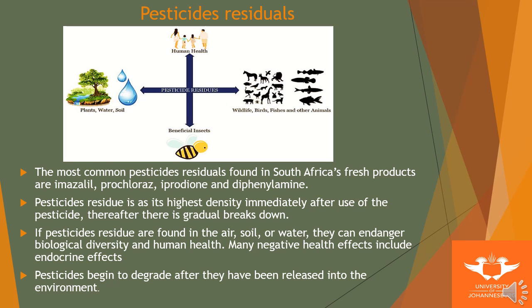Pesticides residual. This refers to the contents of the pesticides that are either found on the ground, in the air, and/or on fresh produce. In the South African context, a study that was carried over a period of 5 years, between 2009 and 2014, concluded that there are 4 common pesticides residual that are found in fresh produce in South Africa.